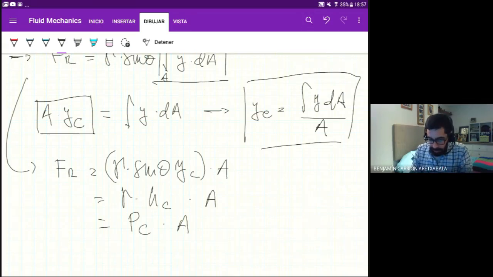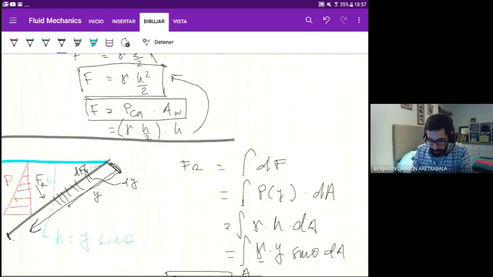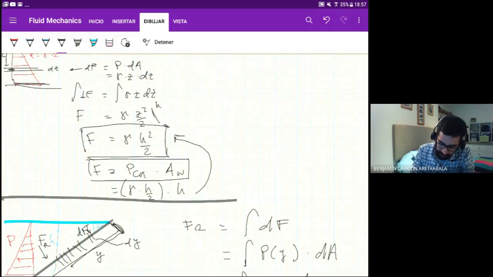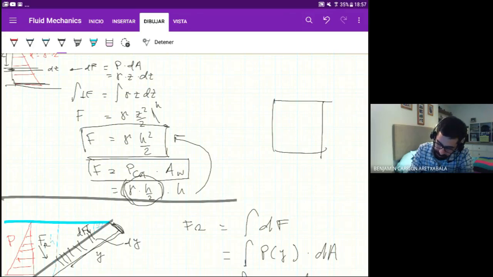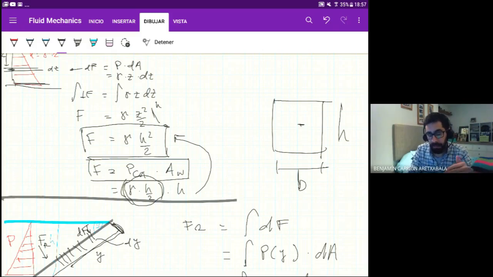If we look at the wall from the water, the wall has a depth h and a certain width, whatever it is, b. So h/2 is just half of the wall, and it's the centroid of the wall.